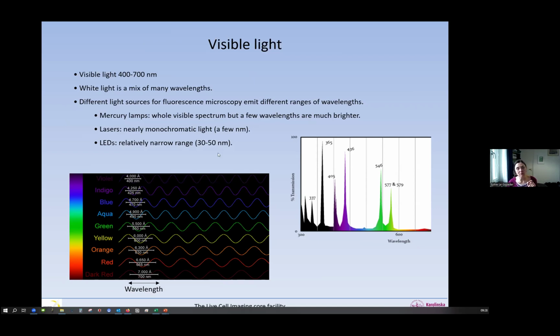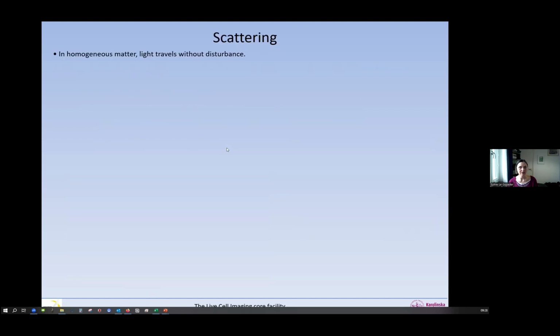So for LEDs, we will need to narrow this down to make it more specific than 30 or 50. But it's definitely narrower than a mercury lamp. So when you use a mercury lamp, you need only one mercury lamp. But when you use LEDs, you need several of them to cover the whole range.